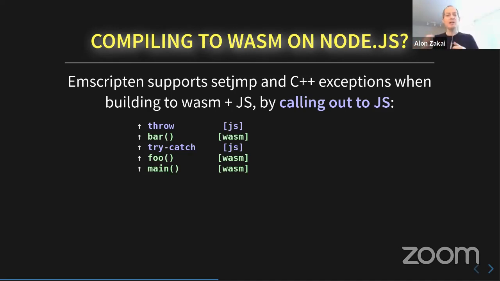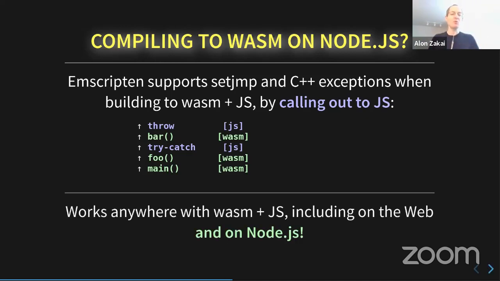And the key idea is we call out to JavaScript to do things like a try, catch, or a throw, because JavaScript has try, catch, and throw. And then if a throw happens, it sort of unwinds back to the last try, catch. So it's kind of an interleaved stack with Wasm and JavaScript. And that lets us basically leverage JavaScript to do the exception stuff for us. And this works anywhere that we have both Wasm and JS, which includes the web and Node.